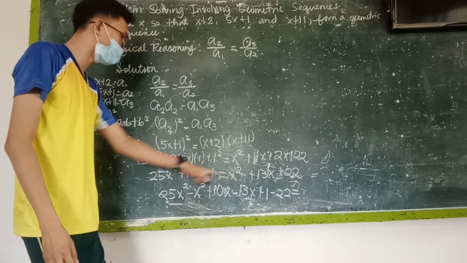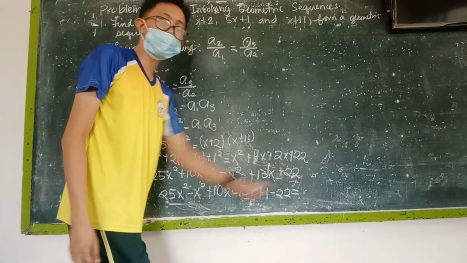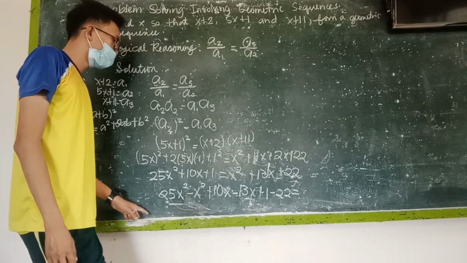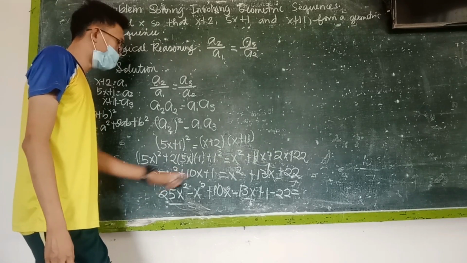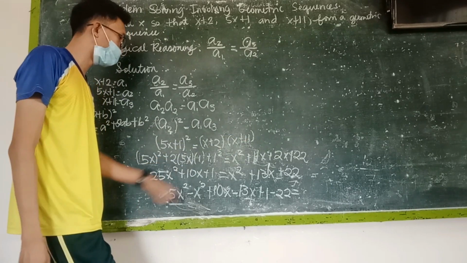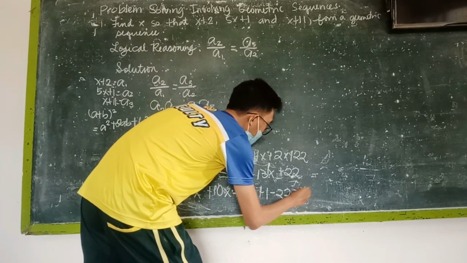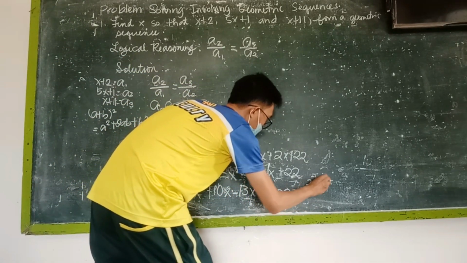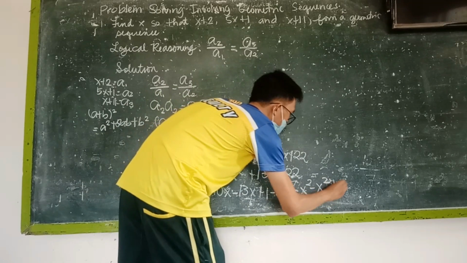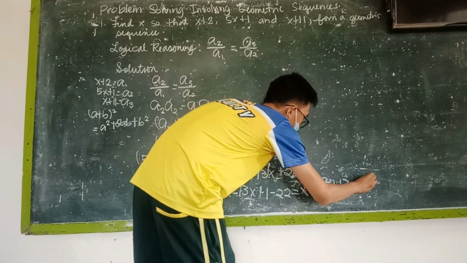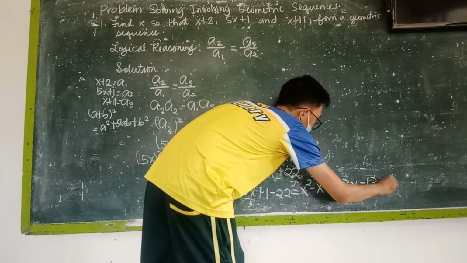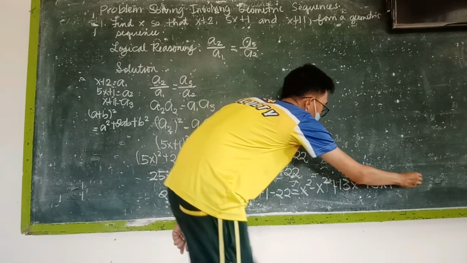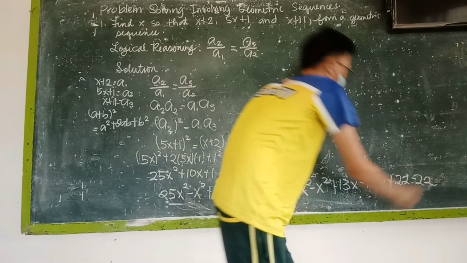So, yung additive inverse ng x squared, 13x at 22, i-add natin sa both sides of the equation. So, para mawala doon. So, magiging x squared minus x squared plus 13x minus 13x plus 22 minus 22.